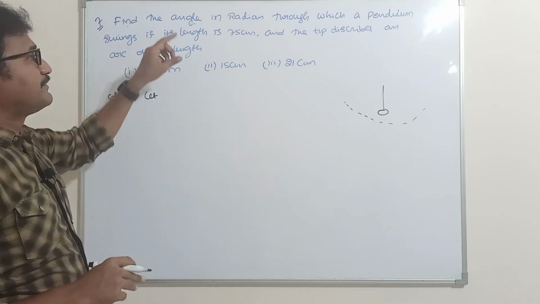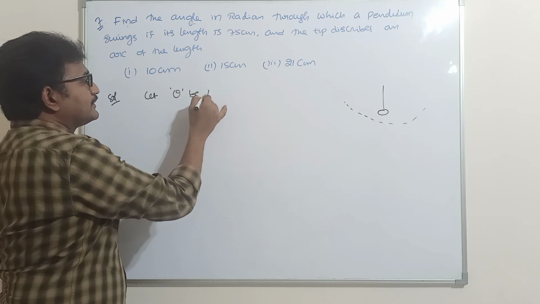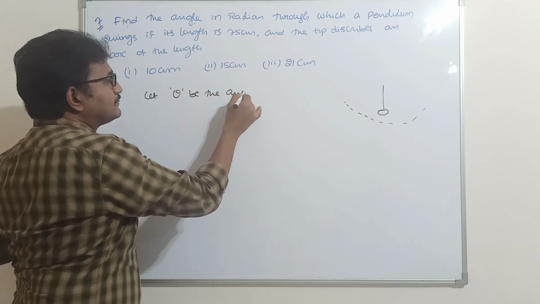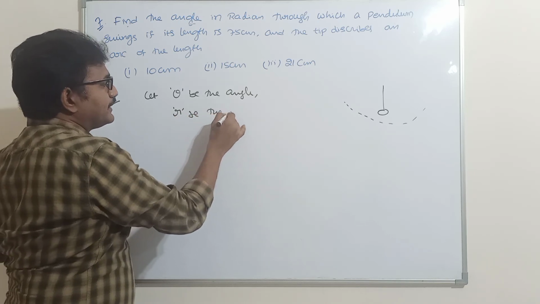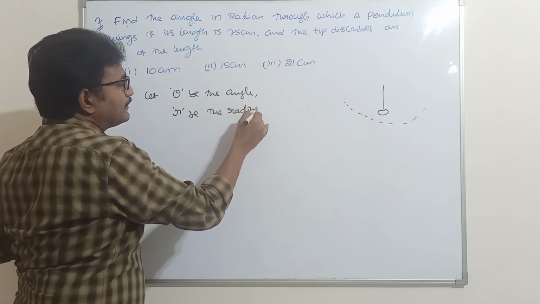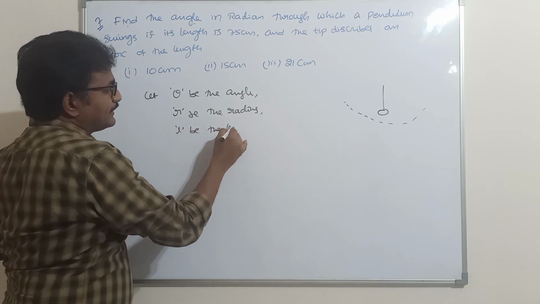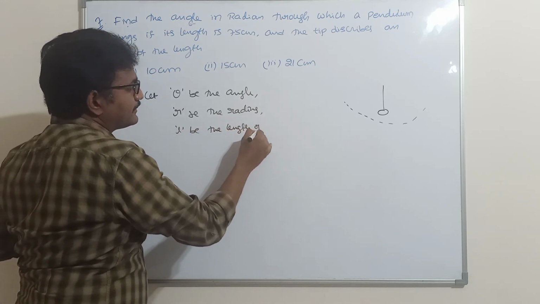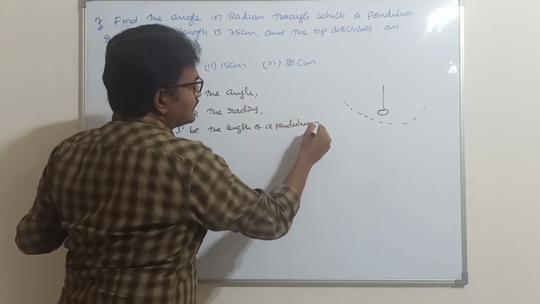Then find the angle. Let theta be the angle, R be the radius, and L be the arc length of the pendulum respectively.